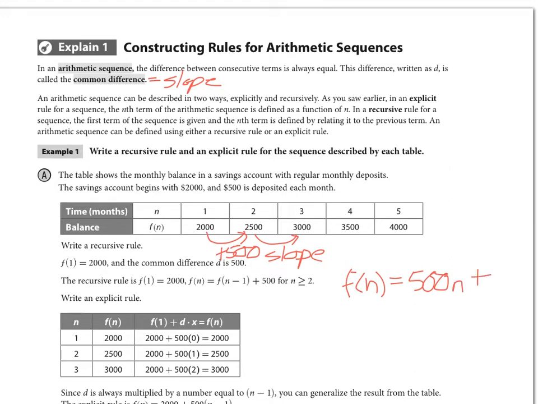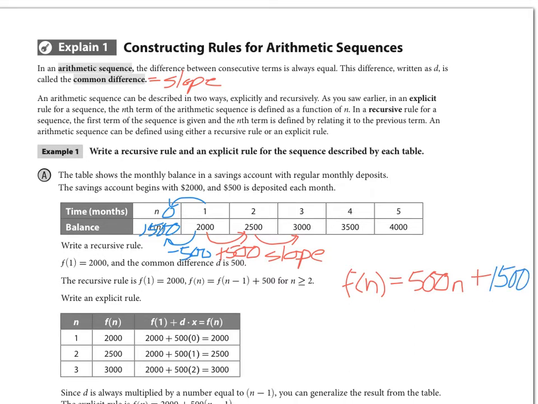Well, what's my y-intercept? It's my zero term. If I go backwards to find my zero term, that means I subtract 500. So that means this would be 1500. So for me, my equation would be 500n plus 1500.